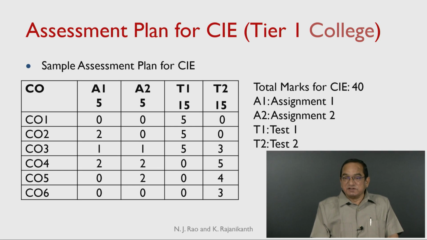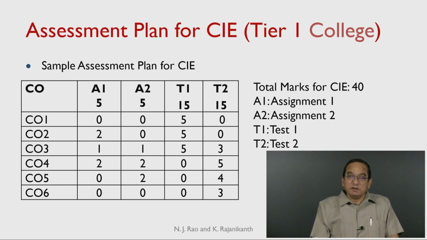That means it is 10 marks. For CO4, it is 9 marks. For CO5, it is 2 plus 4, 6 marks. And for CO6, it is 3 marks. Thus, we know the total marks allocated to each CO. The number of questions can be different, but the total marks we can see from the assessment plan.